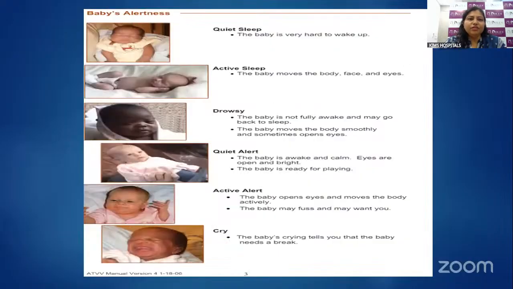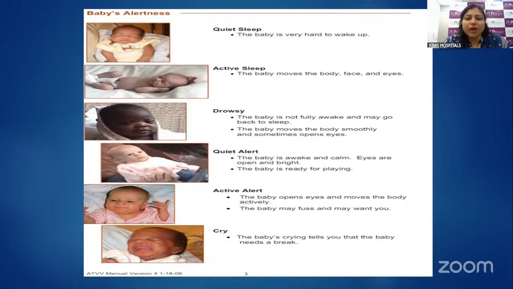So here you can see there are some pictures just to give you an idea of how it looks. The baby is hard to wake. If you see the quiet sleep and then active sleep, the baby moves the hand, face, and eyes. Little movement you will see. In drowsy, the child will open the eyes a little bit and then probably see and then again sleep.